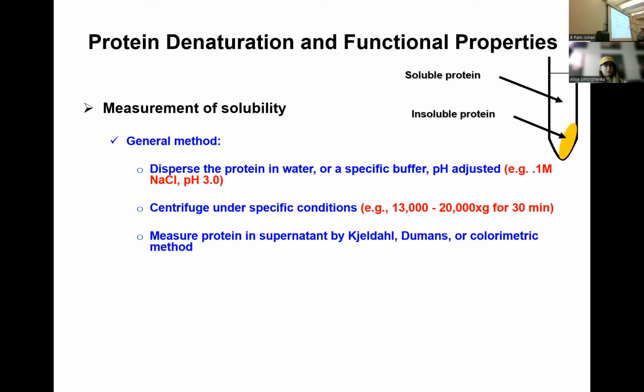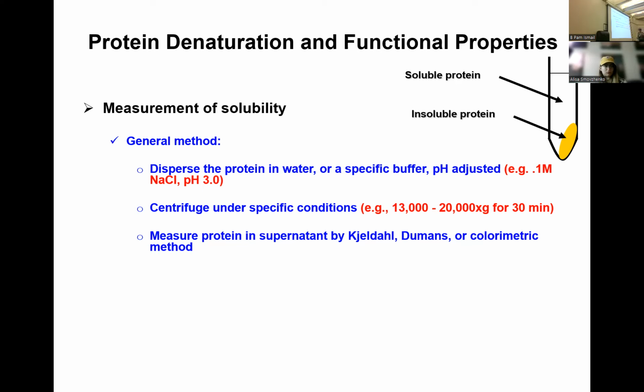Then you apply a centrifugal force. Do we do 30 minutes? 10 minutes, okay, so 10. And then you will have a precipitate and you have the supernatant. Before you do the centrifugation, when you are stirring, you take a sample and you measure the protein content in your solution before centrifugation.